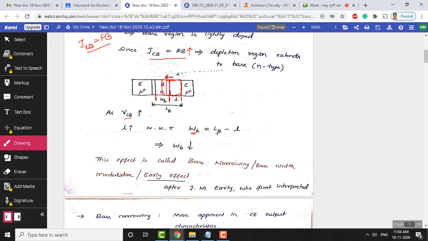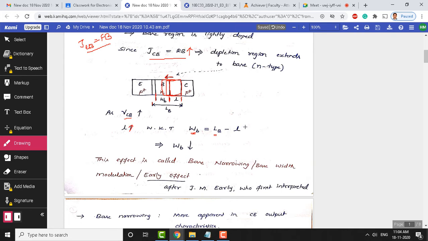So we can write this as LB, the total length including these depletion regions, minus this depletion region L. That is going to be the width of the base region. Now as the collector base junction voltage keeps increasing, obviously L keeps increasing, because this is the length of the depletion region.